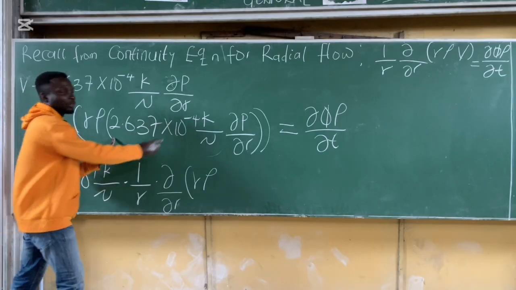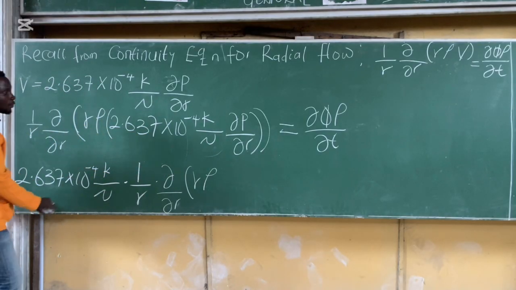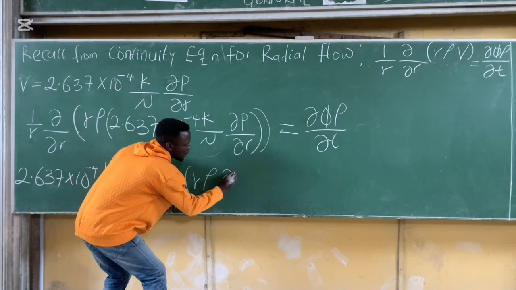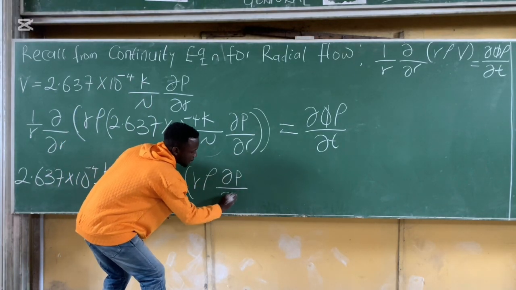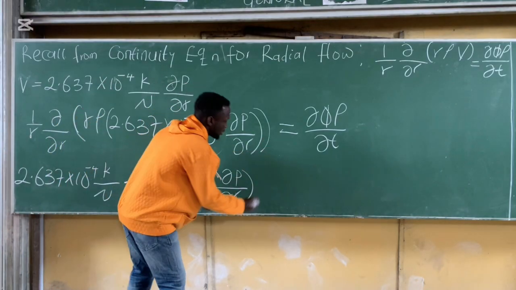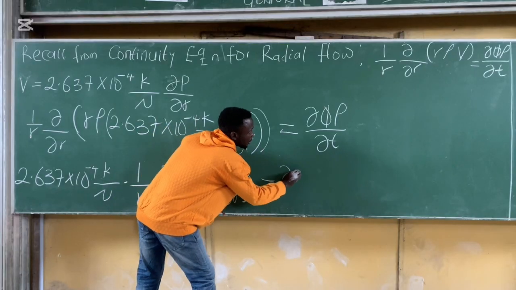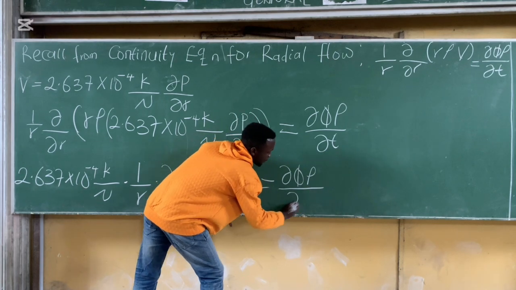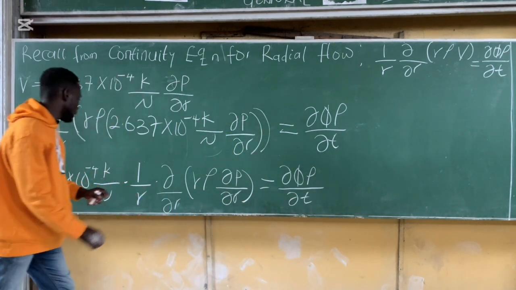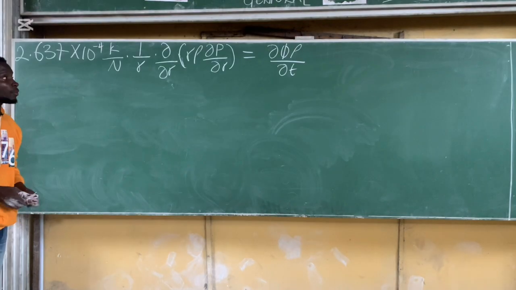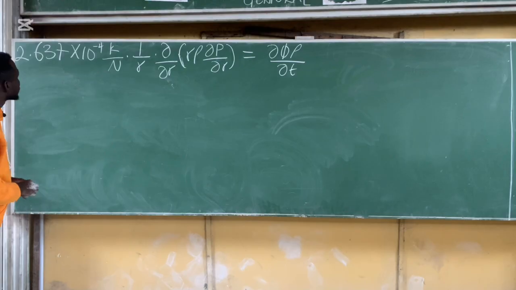Remember that we have already removed the constant, so we are only left with dp over dr. So close this bracket, then it is equal to partial d(phi rho) divided by dt. So we have this equation.